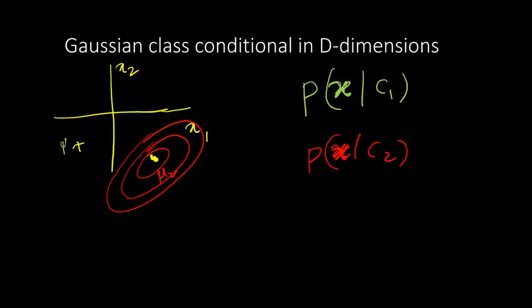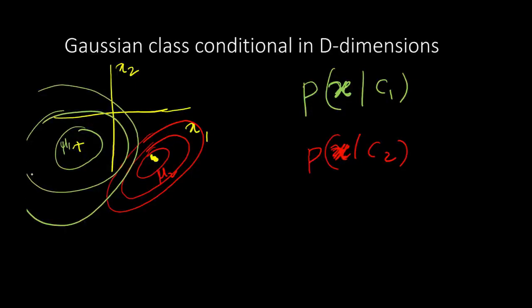This is mu1, and let's assume its contours of equal probability look like this. They are both modeled as Gaussian distributions, and as you know, the contours of a Gaussian are going to be elliptical, and the slope of the ellipse depends on the covariance matrix.